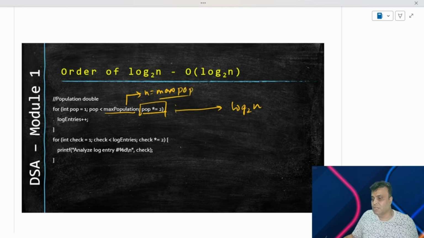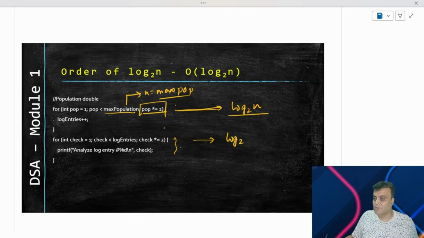So can I therefore say, because it is star equal to 2, that this particular entry executes itself for log base 2 of n. This particular for loop, if we come to here, will execute itself for log base 2 of n also. And in this case, why?